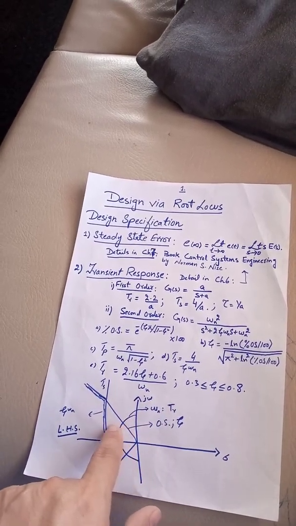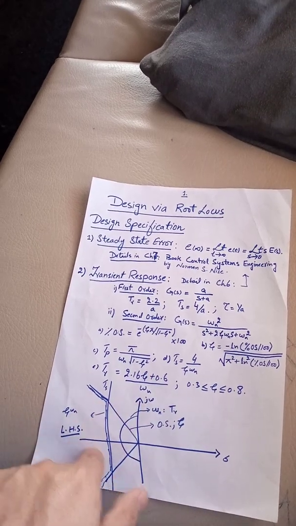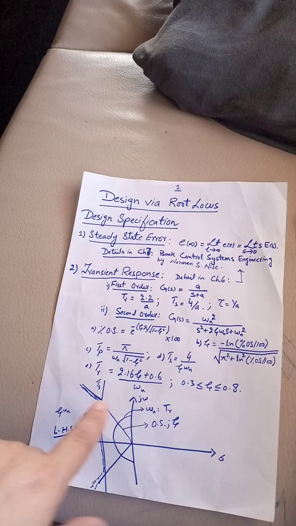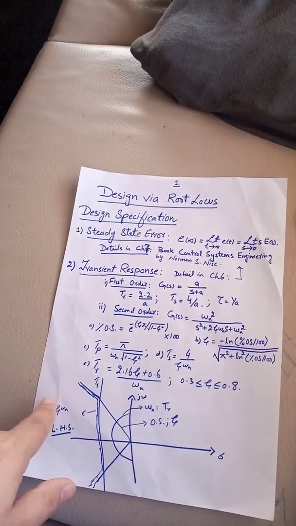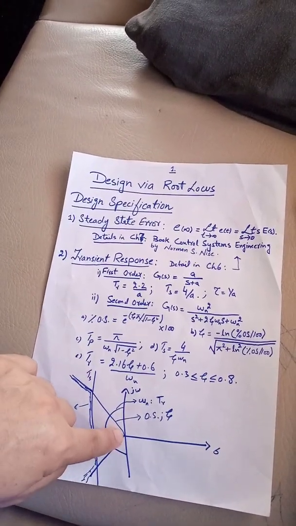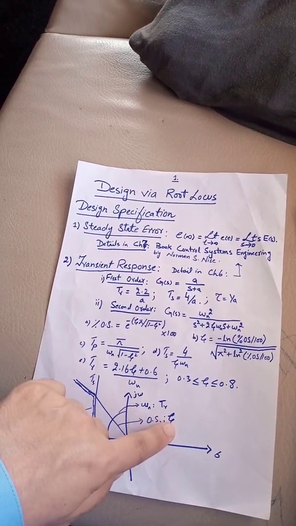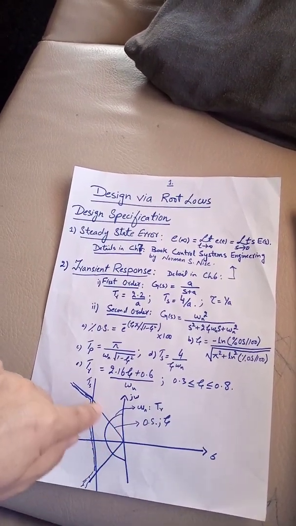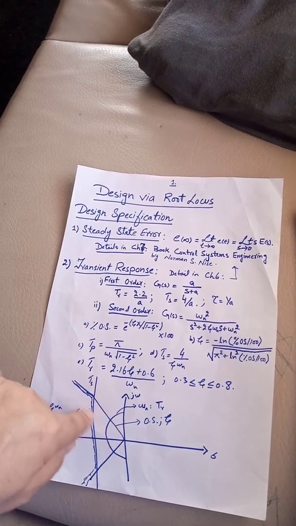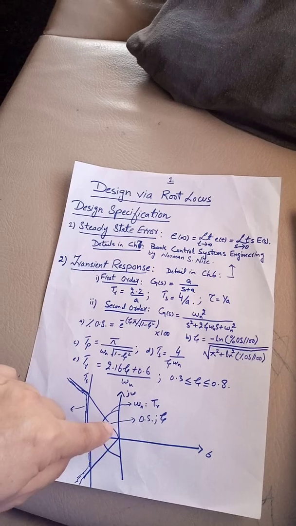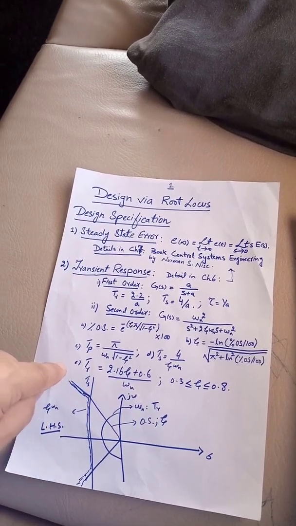As you increase omega n, moving in this direction, your rise time will decrease. Similarly, the overshoot is determined by zeta. As you go toward the horizontal axis, your overshoot is decreasing, but on this line the overshoot remains the same.